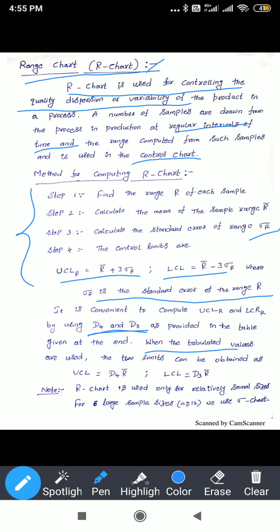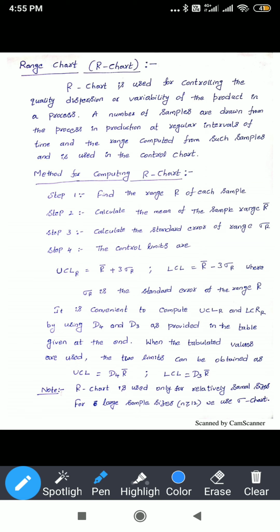The two limits, UCL and LCL, we write like this: D4 R bar and D3 R bar. The R chart is used only for relatively small sample sizes. For a large sample size, we use the standard deviation charts.